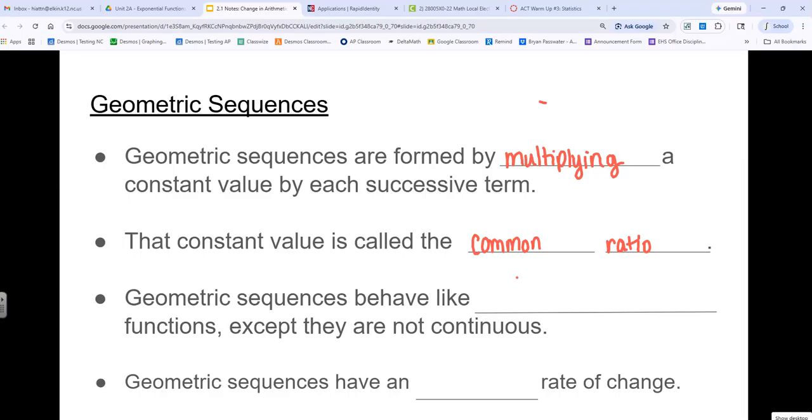And geometric sequences behave like exponential functions, except for, much like the lines, they're not continuous. It's just going to be a bunch of dots that increase or decrease exponentially. Geometric sequences have either an increasing or decreasing rate of change.